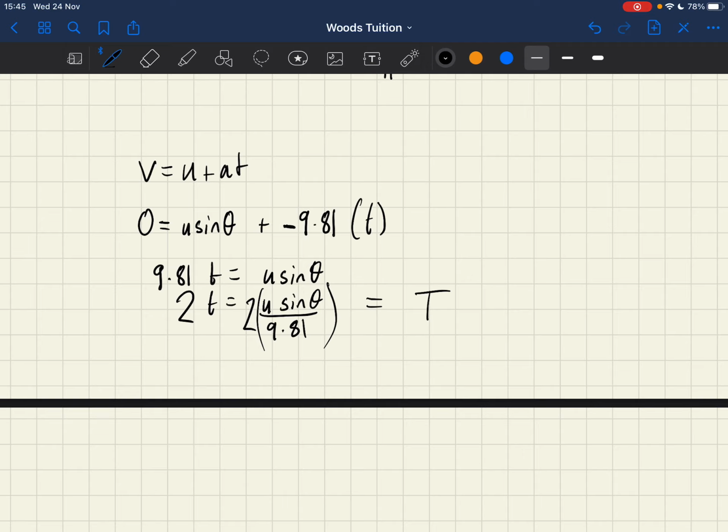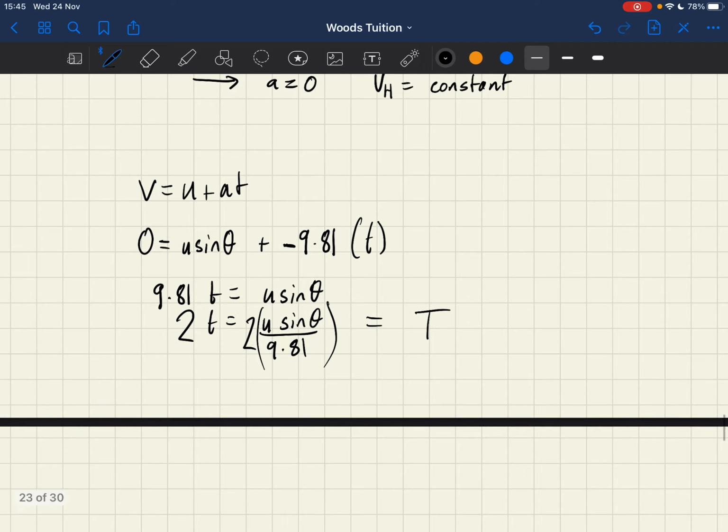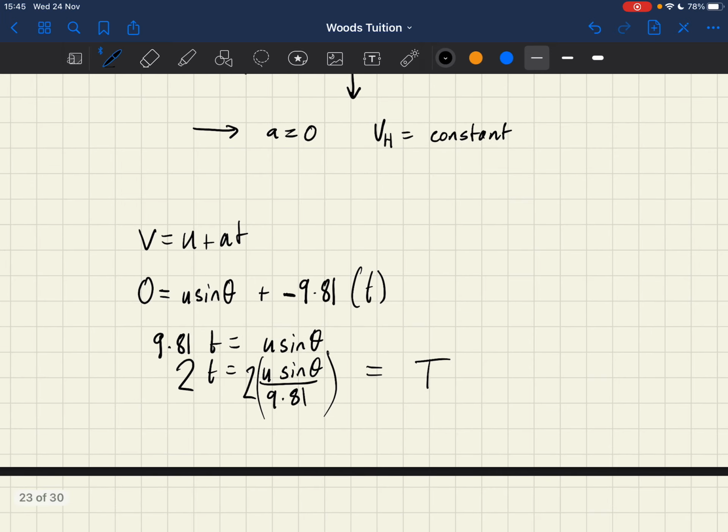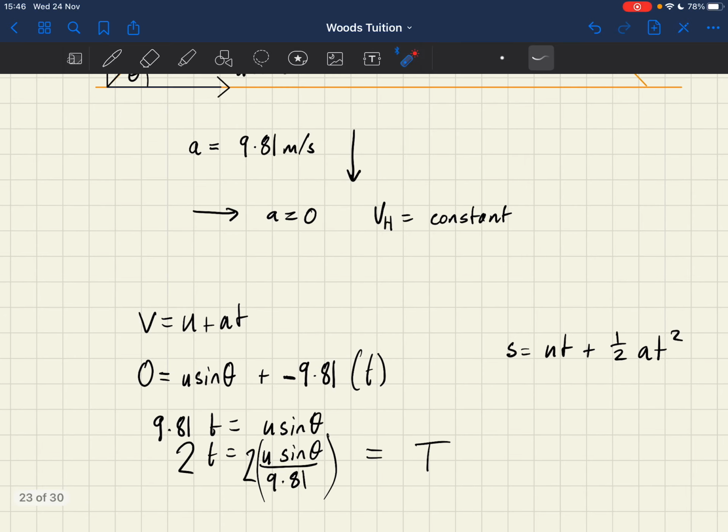That is the total time. If we know the total time, we can use another equation, and that is for the range. We use the equation of motion, s is equal to ut plus a half at squared. We've said earlier that the acceleration in the horizontal direction is equal to 0.